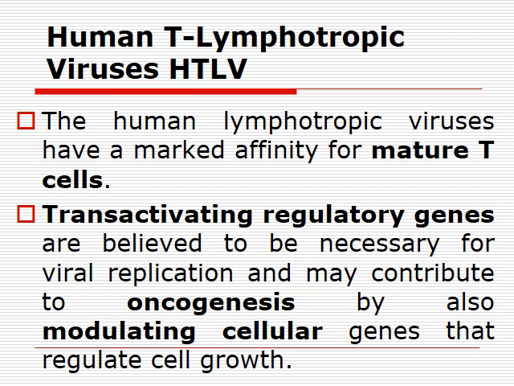EBV loves B cells. HTLV loves mature T cells. It has a gene called the trans-activating regulatory gene, TAX, believed to be necessary for viral replication, and this may contribute to oncogenesis by modulating cellular genes that regulate cell growth.